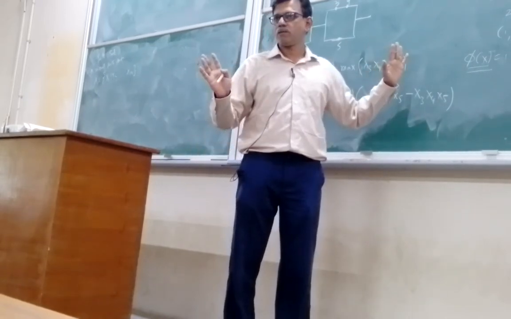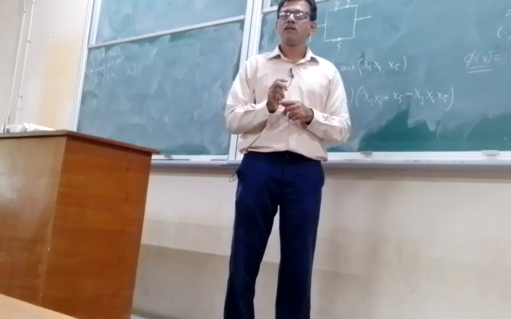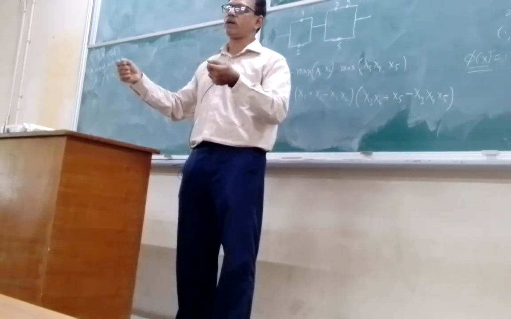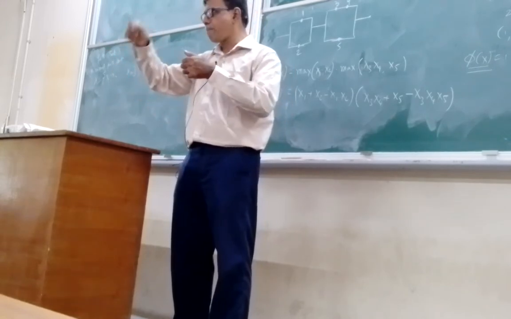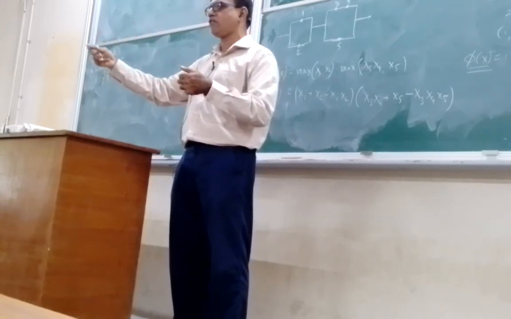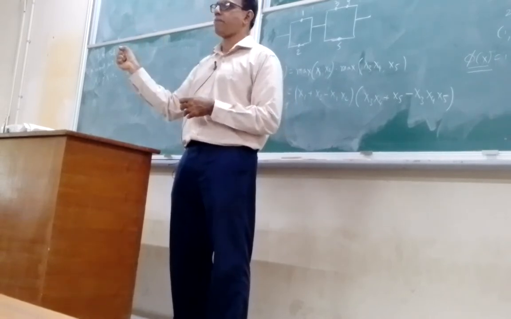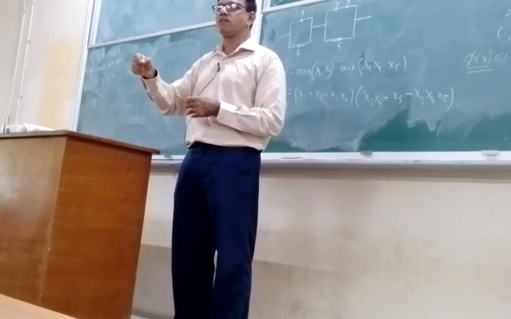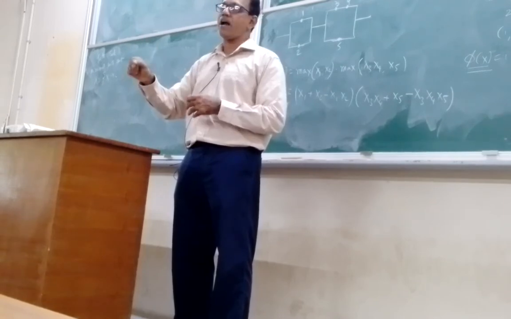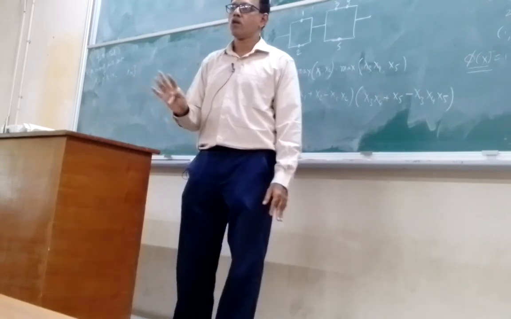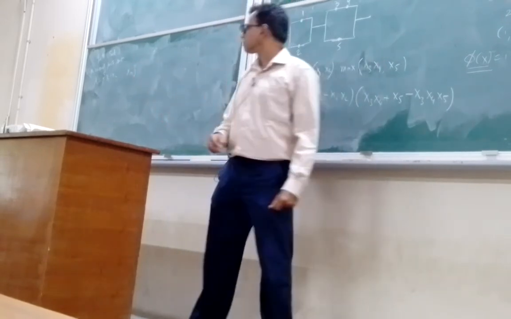That is a path. And the minimal path is one such that if the path is working, meaning all the components which represent the edges of this path are working, the system will be working. But if you remove one of the components, if one of the components fails, then the path will fail, and therefore the system may fail. So that is called the minimal path.